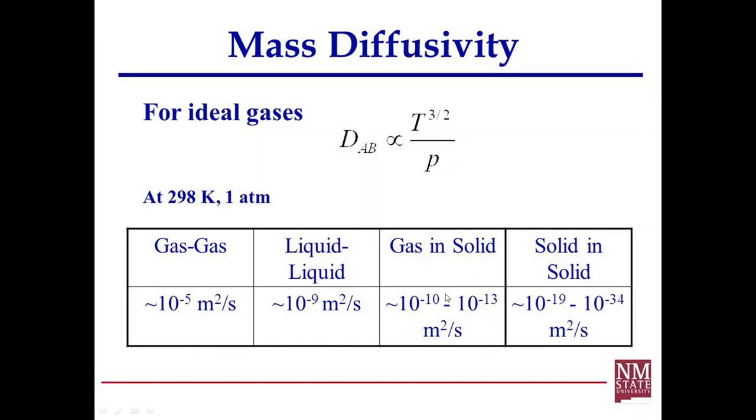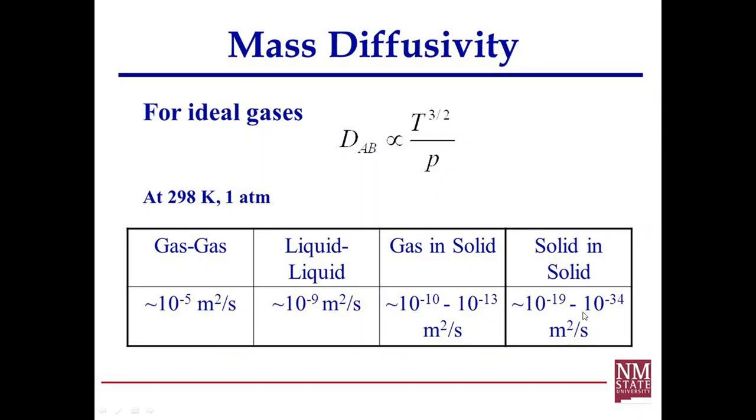For gas in solid, it will be 10 to the power minus 10 to 10 to the power minus 5, on average 10 to the power minus 12 meter square per second. And in solid, it will be 10 to the power minus 19 to 10 to the power minus 34 meter square per second. So you should understand that separation in gas is much easier than in solid.